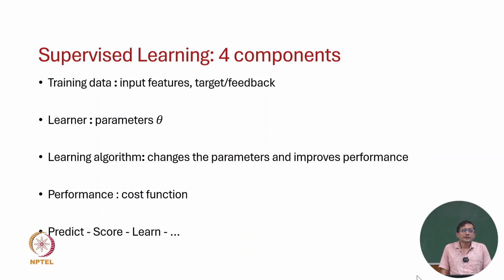Then we have the learner. You can think about this as parameters, theta. Then we have the learning algorithm itself, which changes these parameters in order to improve the performance.